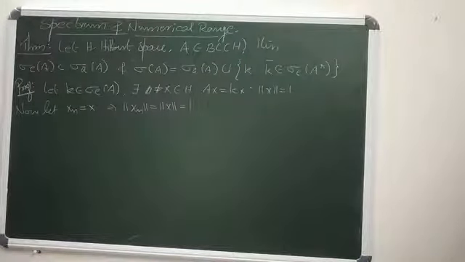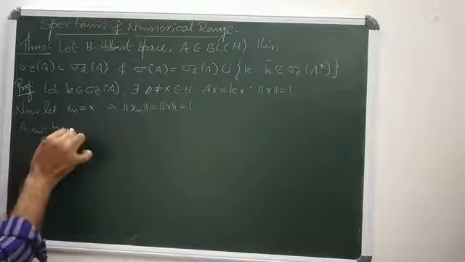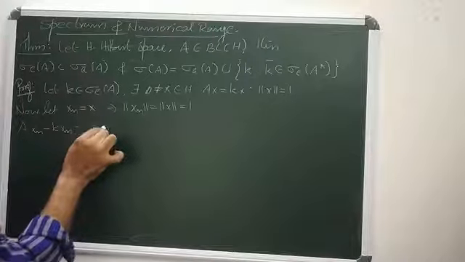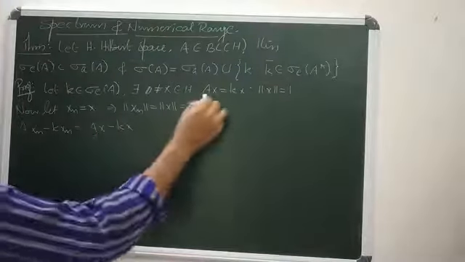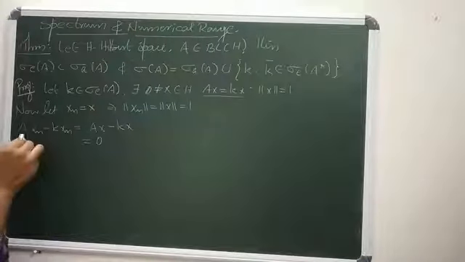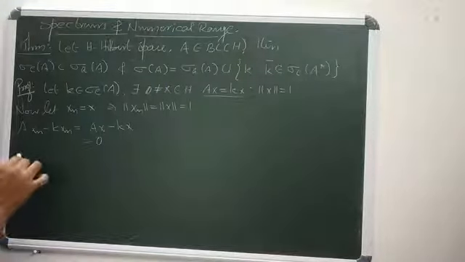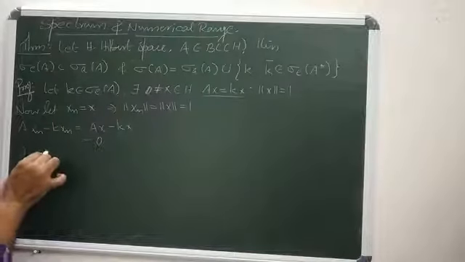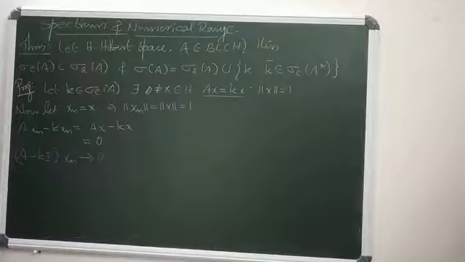So what is A xn minus K xn? Now A xn minus K xn equals A x minus K x, but Ax equals Kx, so Ax minus Kx equals 0. This means A xn minus K xn equals 0, that is (A minus K) of xn goes to 0.